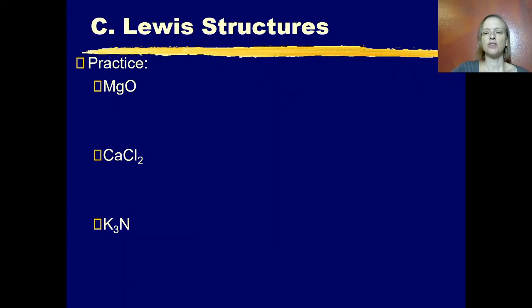Okay, so for magnesium oxide, how do we go about drawing this Lewis structure? Well, magnesium atoms have 2 valence electrons, and oxygen atoms have 6 valence electrons.